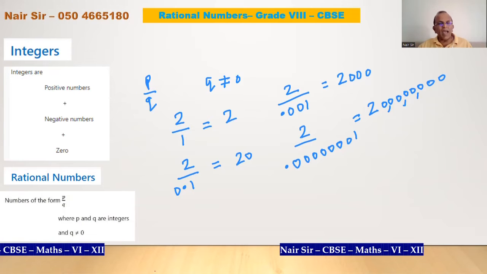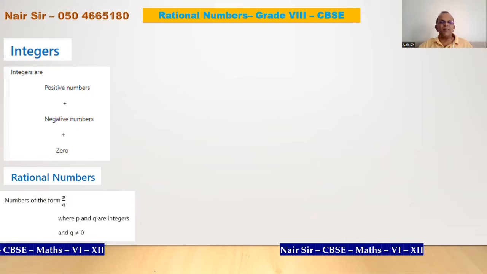That means as this number comes closer and closer to 0, the number is becoming very big. And that is the reason 2 upon 0 is not defined. And they give it as infinite. Hope I am very clear. Can I go further? Yeah.